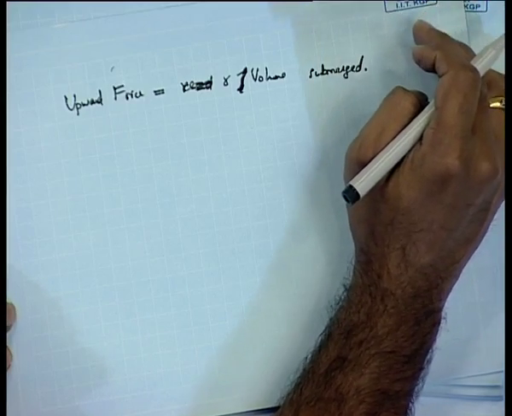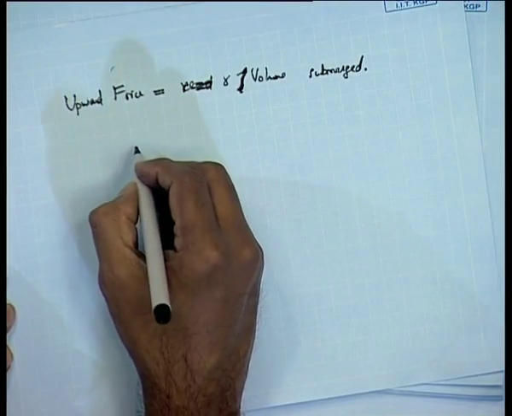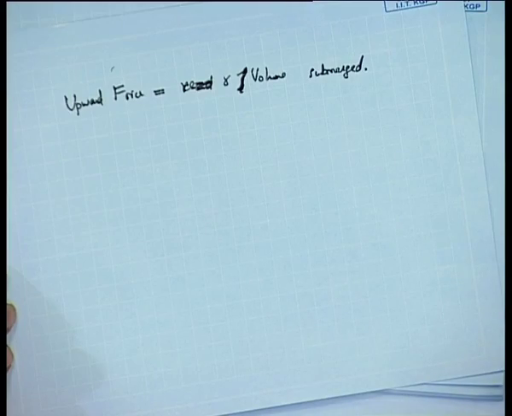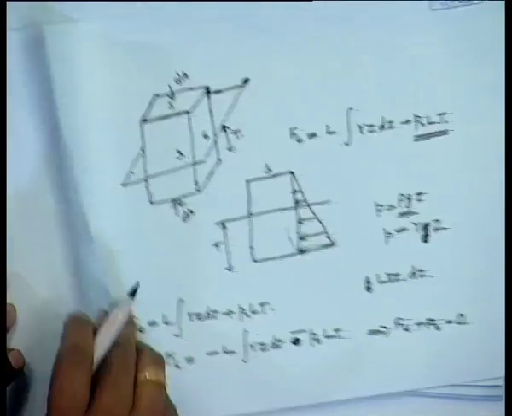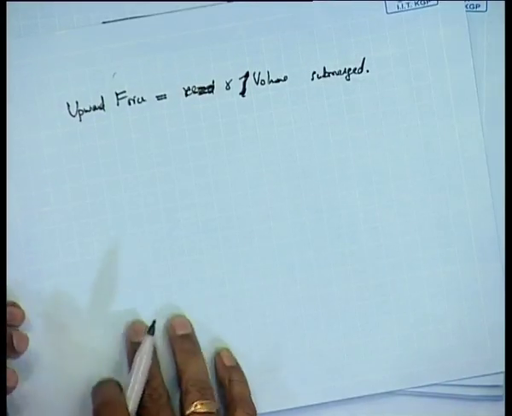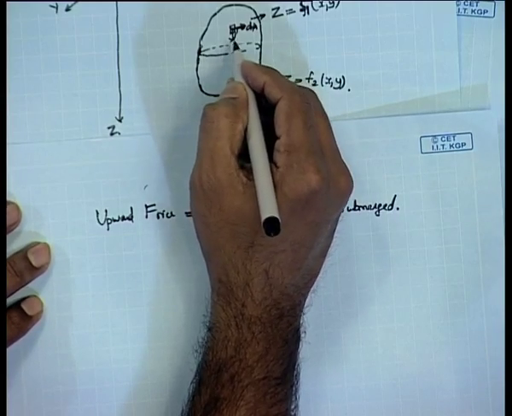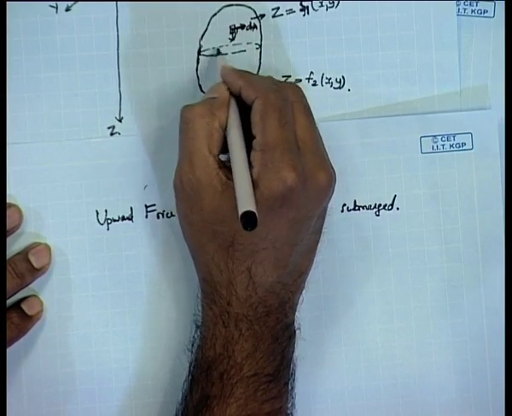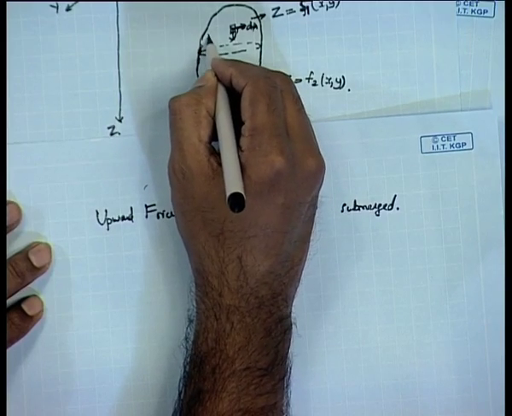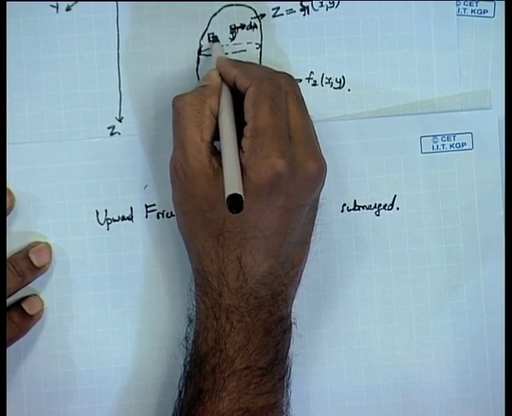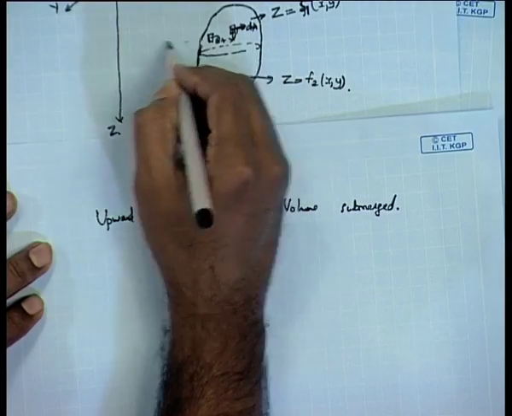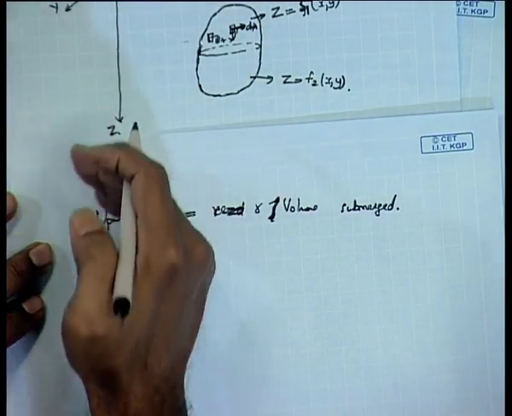you will get, it will be like this. On this figure, you will have to get the horizontal force, you will have to take the projection of dA onto this side, the yz side.